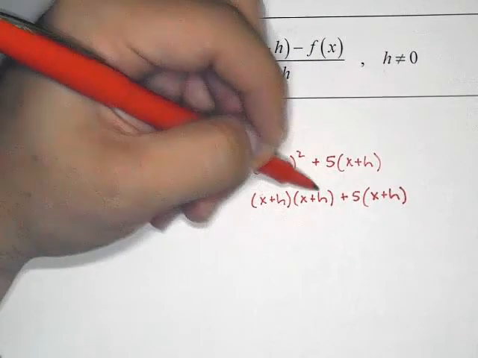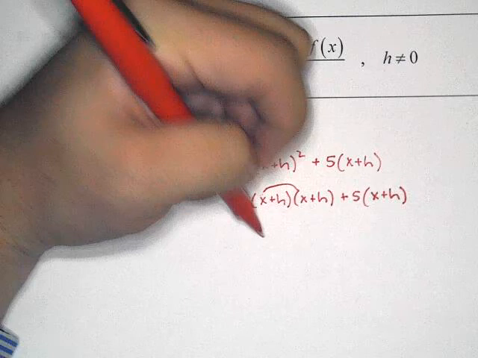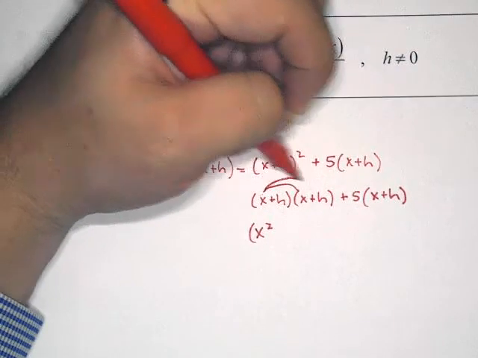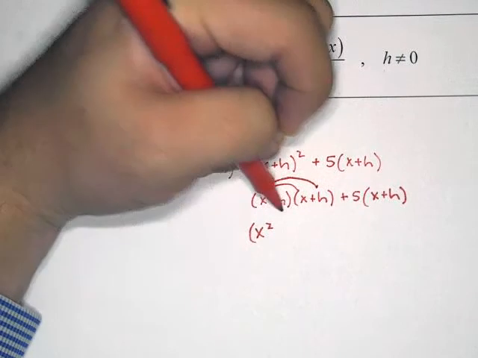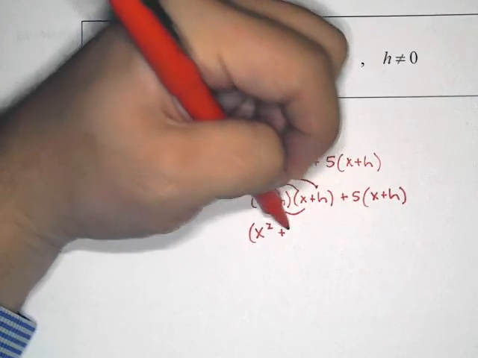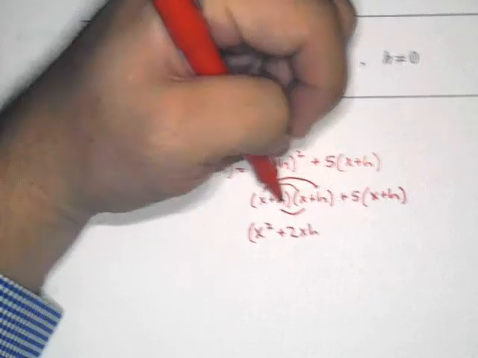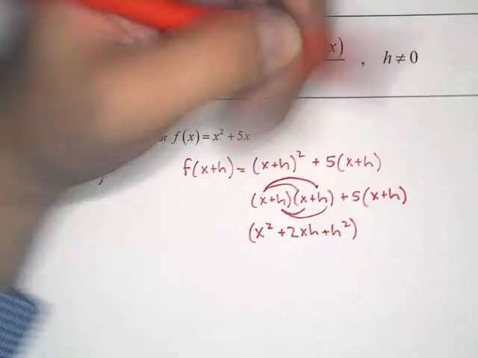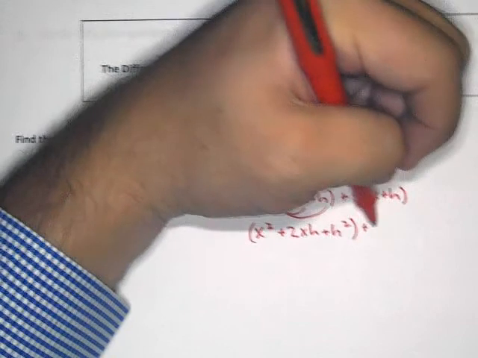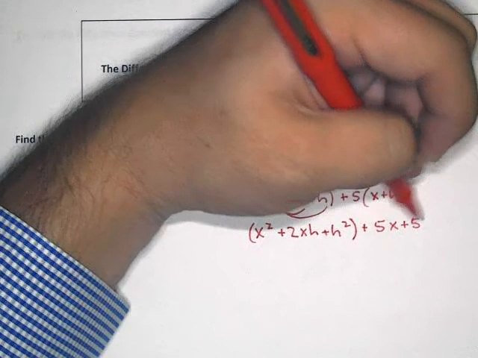And now we FOIL. We have x squared, and then an xh and another xh, so we have two xh, and lastly, h squared. Here we have 5x plus 5h.